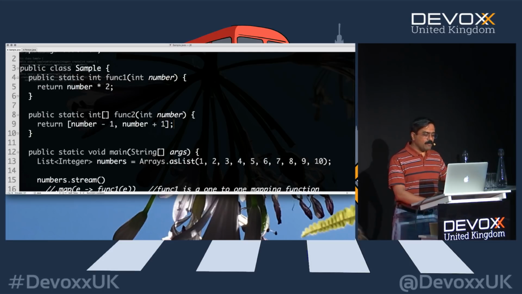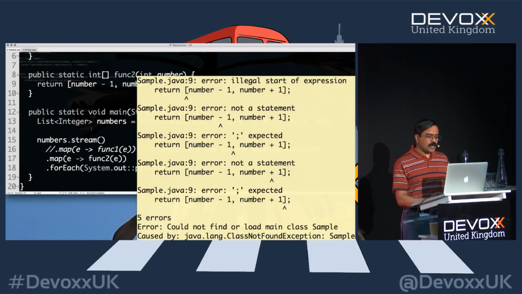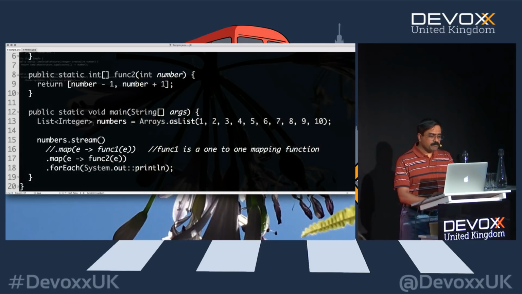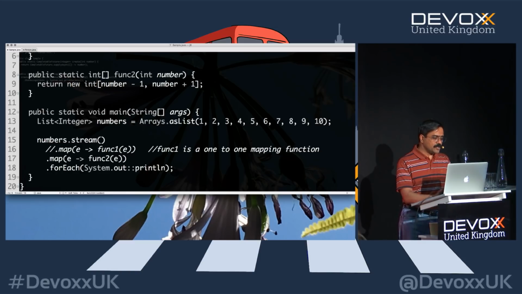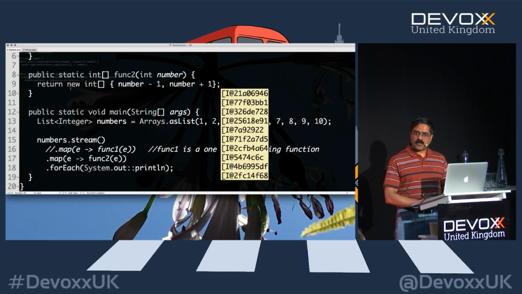Now here's the problem. When I run through the map, what is it going to do? When I run the code, this is going to return a number -1. So sorry, new int[], and then of course number -1, and then of course number +1. A little syntax over here. And what does it return? That's nasty, isn't it? What just went wrong here?